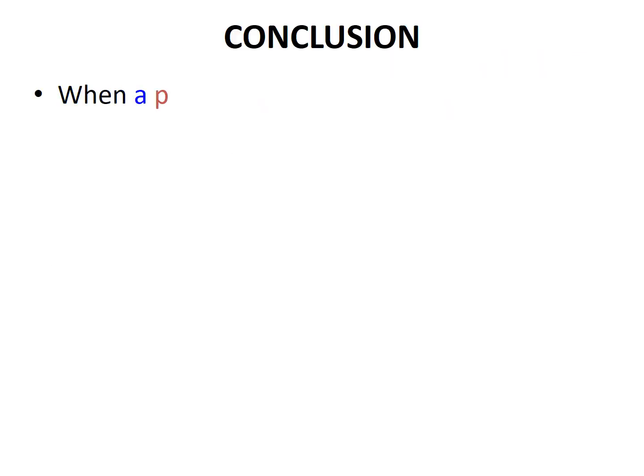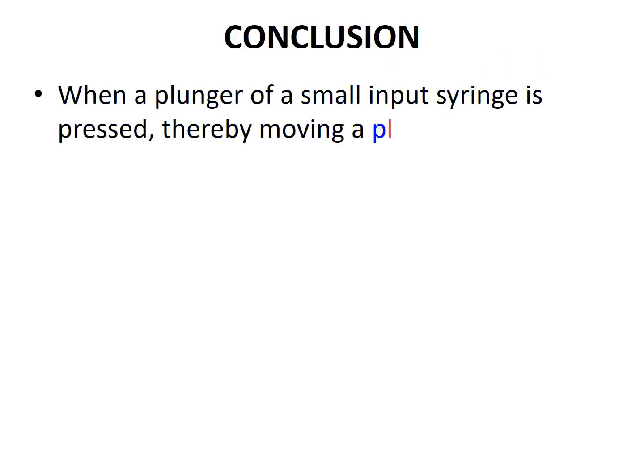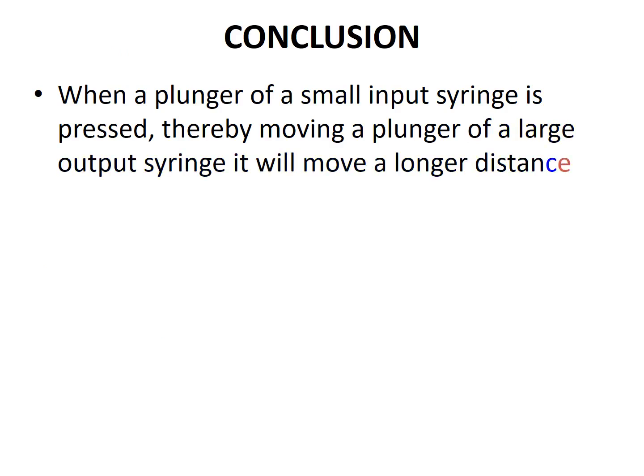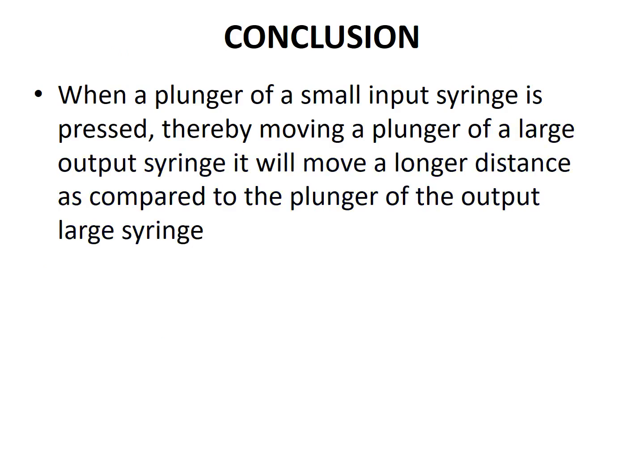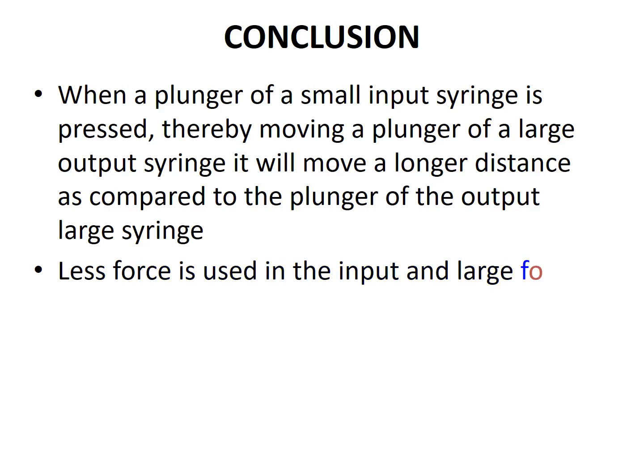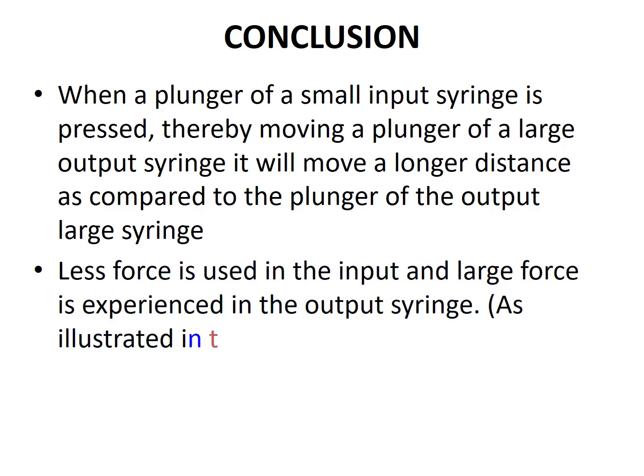We can therefore conclude that when a plunger of a small input syringe is pressed, thereby moving a plunger of a large output syringe, it will move a longer distance as compared to the plunger of the output large syringe. Less force is used in the input and large force is experienced in the output syringe, as illustrated in the next picture.